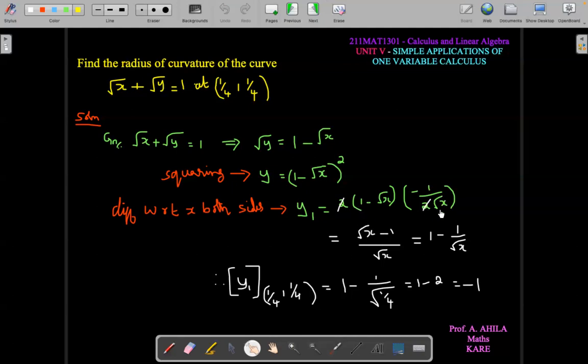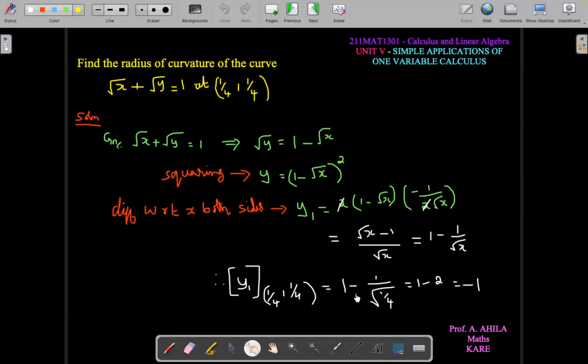Now the 2 gets cancelled, and dividing by root x, we get root x by root x is 1, minus 1 by root x. Okay, I interchange these two terms. This is our y1, the function y1.